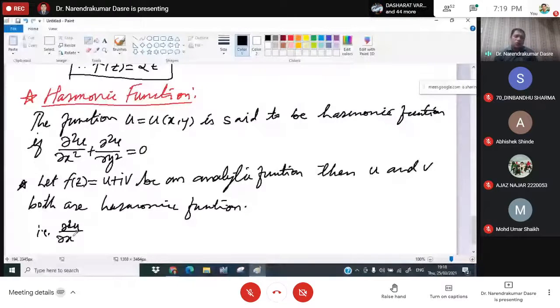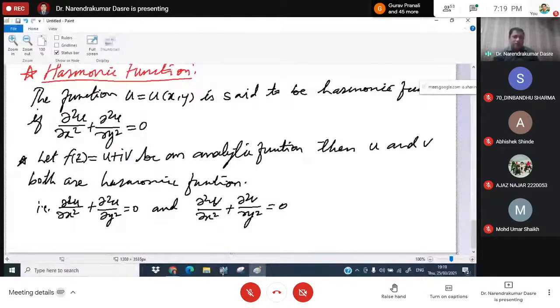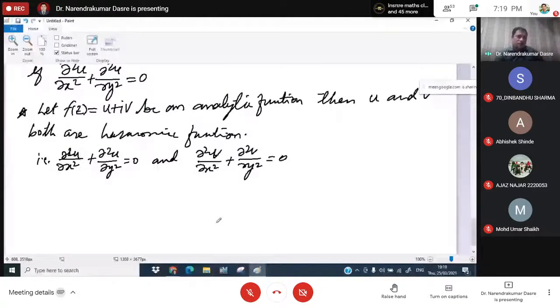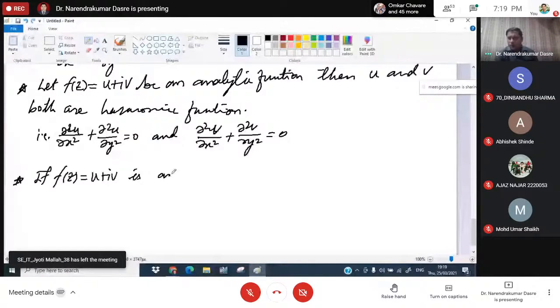Okay, and now when this u and v are the real and imaginary part of this analytic function f of z, then they are called harmonic conjugates of each other. So if f of z is equal to u plus iv is an analytic function, then u and v are called harmonic.